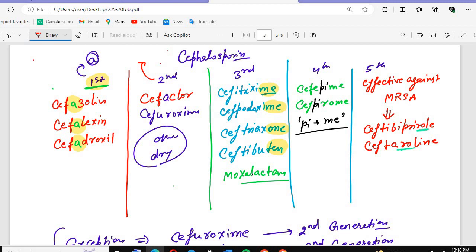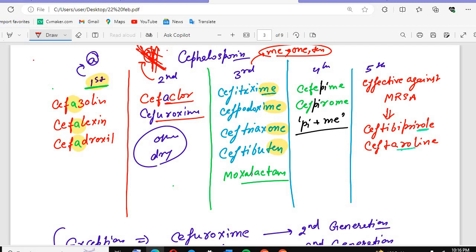The second is controversial, so you don't need to remember it. Just remember cefaclor and cefuroxime. In the third generation there is me plus me, or a 1 and a 10, so me 110. Just say with me: me 110.